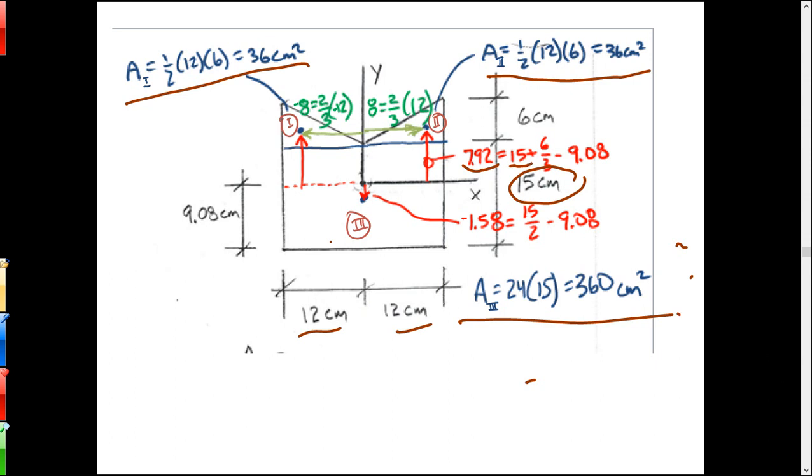So I'm going 15 up from the base, then 1/3 of 6 more. That's 15 and 2, that's 17. But that's measured from the base, so I'm going to subtract off the 9.08. When I do that arithmetic, I get 7.92. So that's how far it is from the x-axis up to the centroid of the triangle.